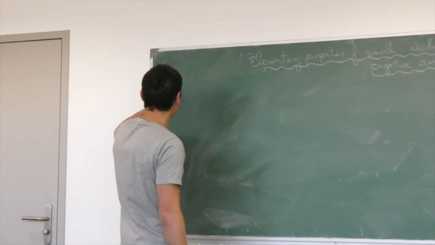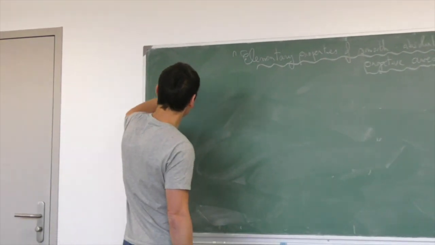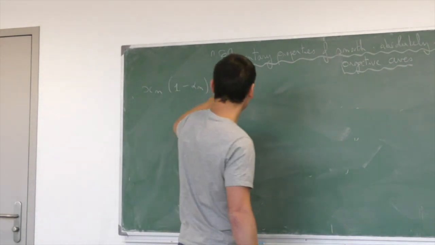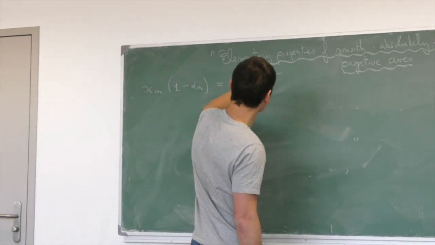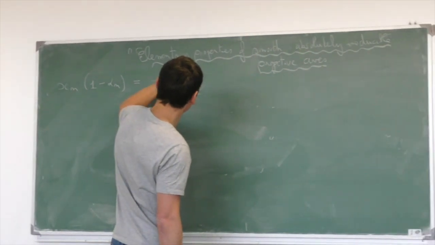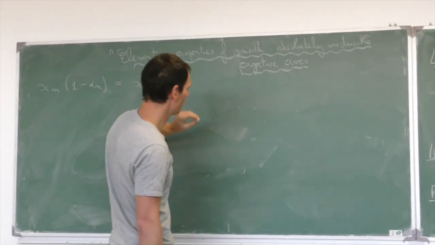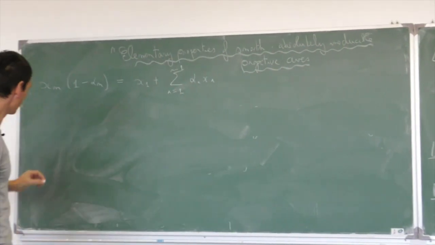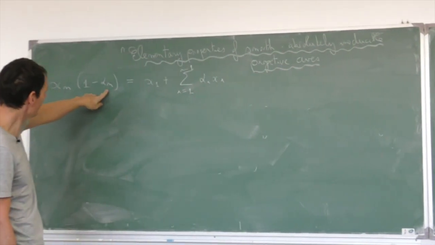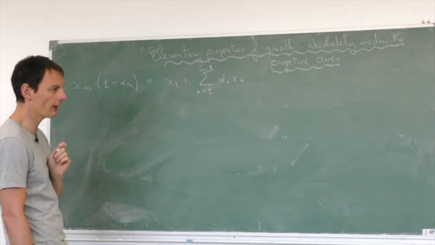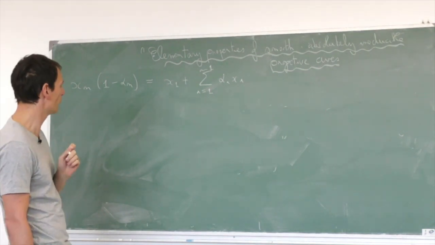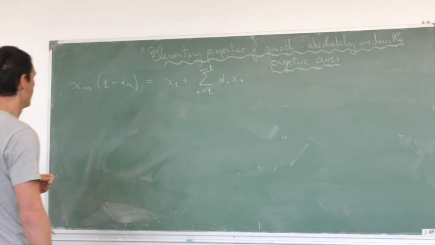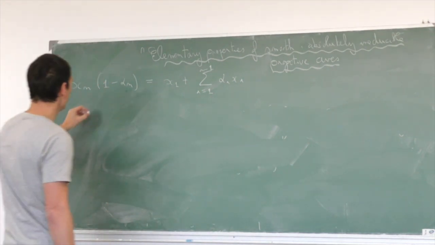You can write xn times (1 minus alpha n) is equal to x1 plus a sum from i = 2 to n minus 1 of alpha i xi. And what you know is that as alpha n is in M, 1 minus alpha n is invertible. This is really easy to prove. You just have to use that M is the unique maximal ideal. So this is invertible.